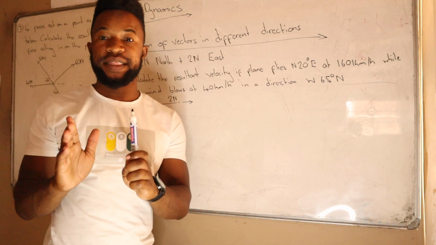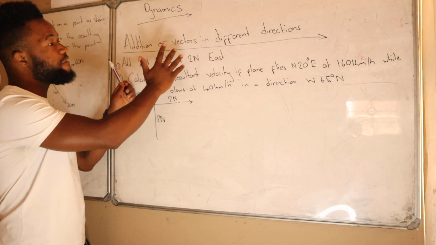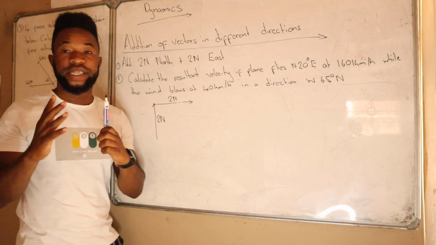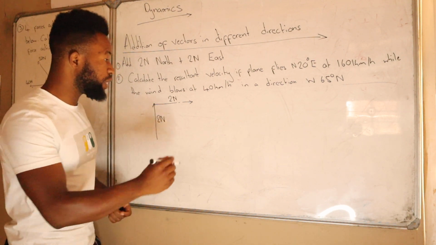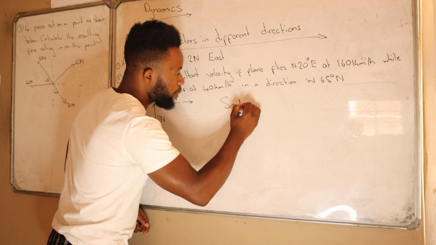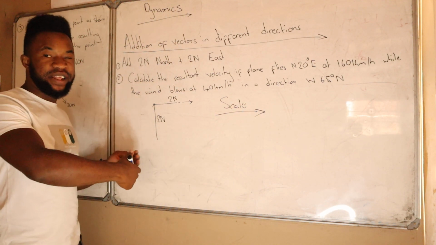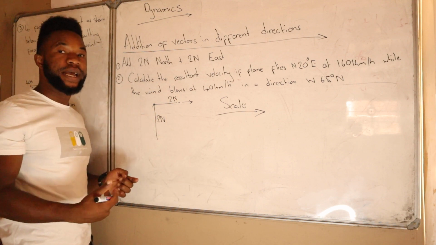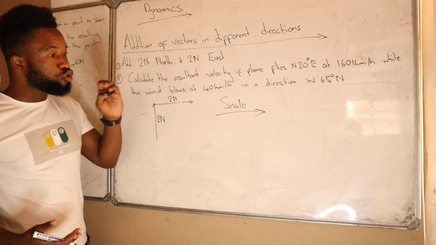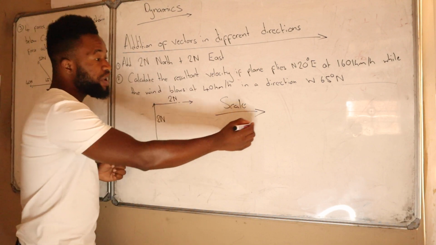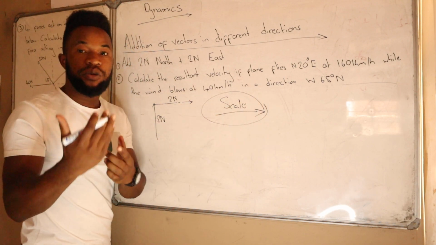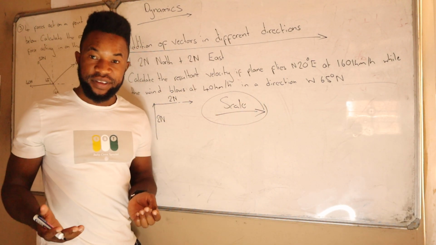The first thing that you need whenever you are given forces which are acting in different directions is a scale, because you have to draw. The only way to obtain a resultant when you are given forces acting in different directions is to draw. And how can you draw? You need a scale. Please note you can use a different scale, your own scale that you want.